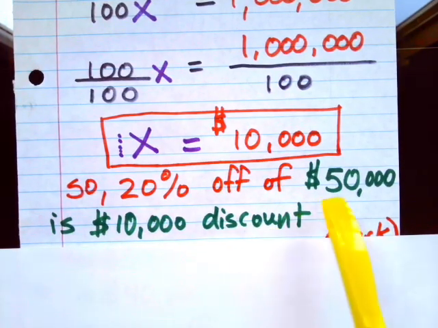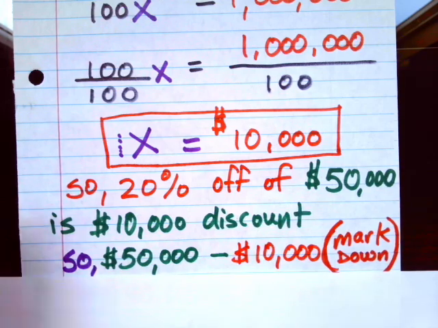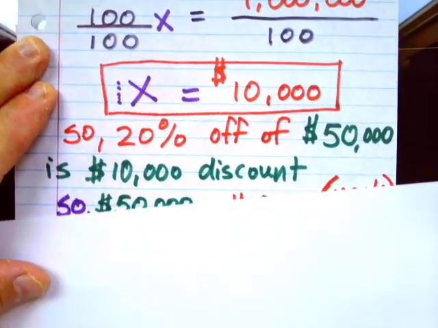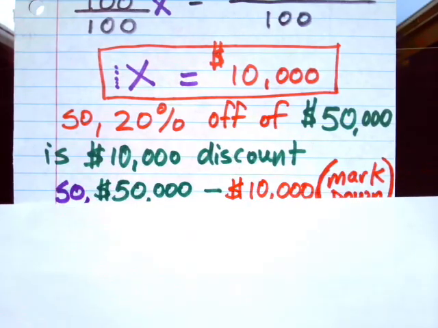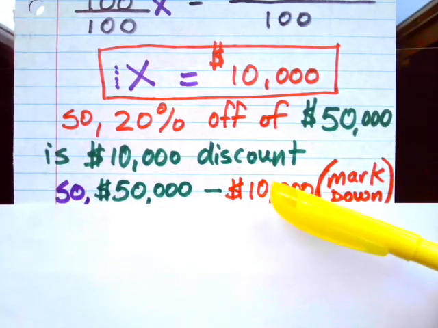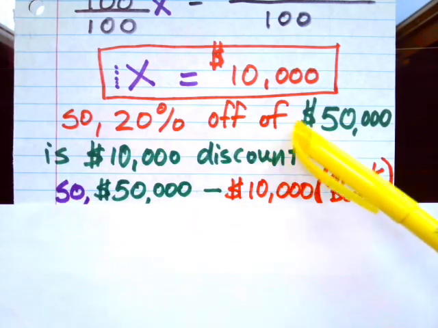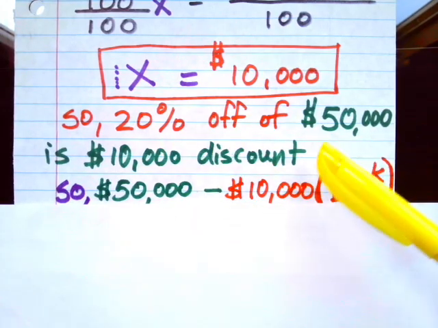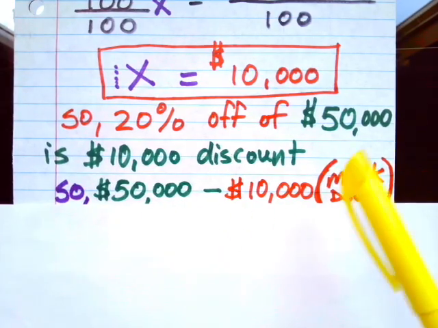So now we have to subtract the discount. That's money saving in your pocket from that $50,000. So I'd like to show you here. I'm going to move up the paper a little bit here so we can see a little bit better. So you're going to subtract that 10,000, which represents 20% off of $50,000. 50,000 minus 10,000, that's a markdown.